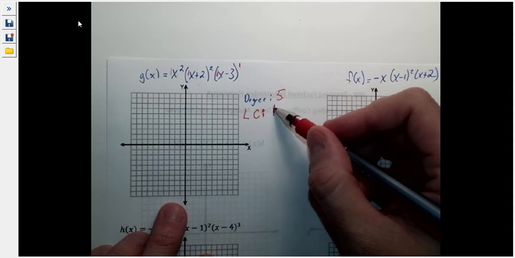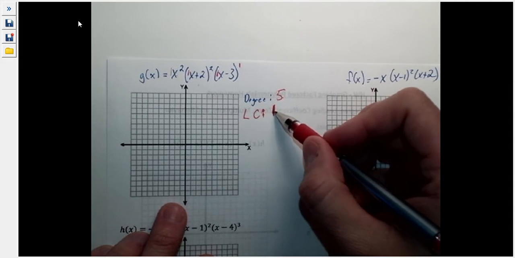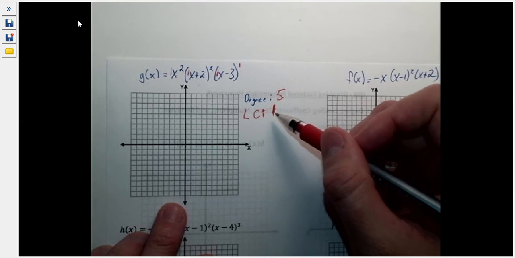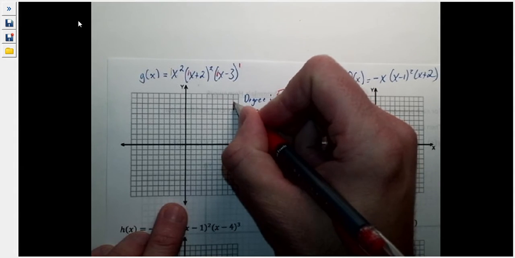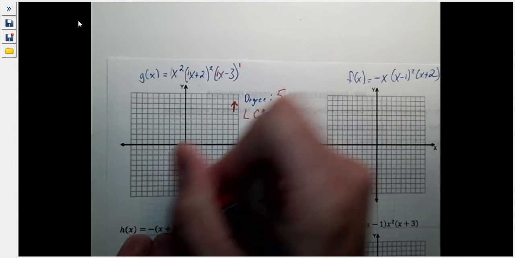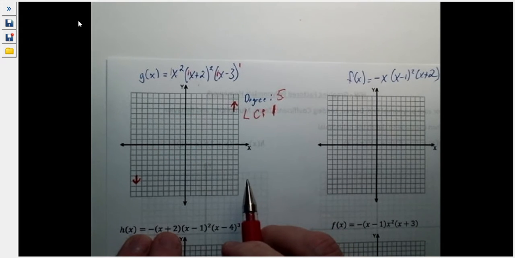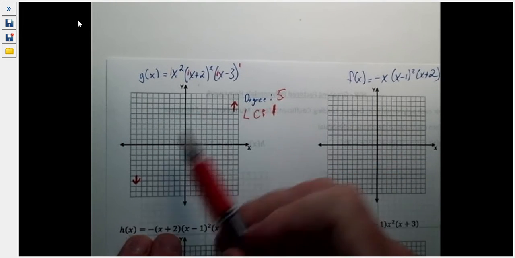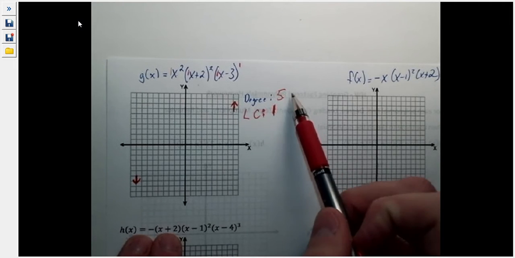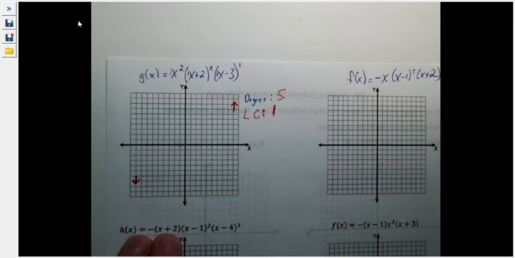And because my lead coefficient is positive 1, this looks like the cubic equation, and it goes up on this side and down on this side. Okay? So I get this end behavior from the total power of my polynomial, my degree, and my leading coefficient. You with me so far?